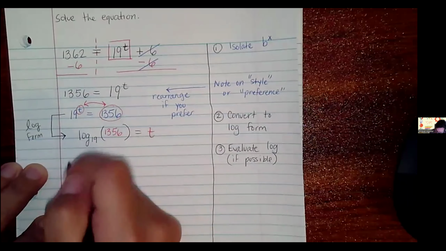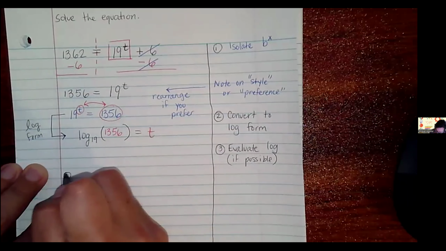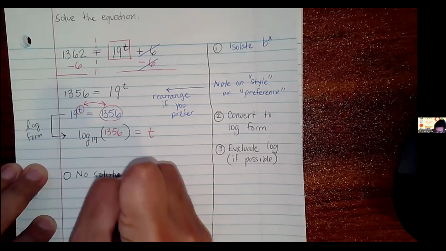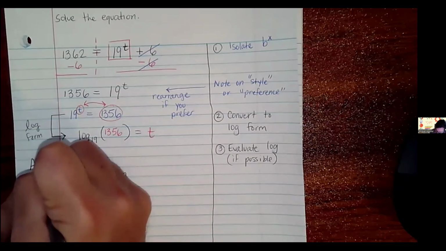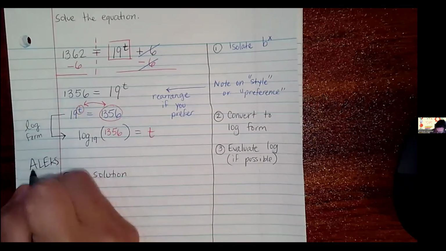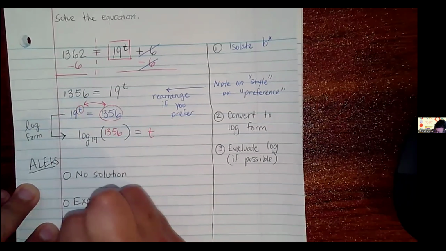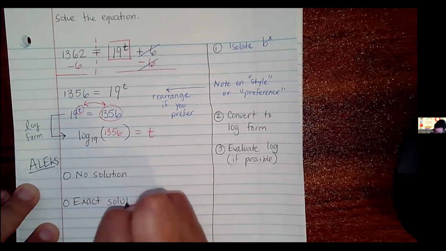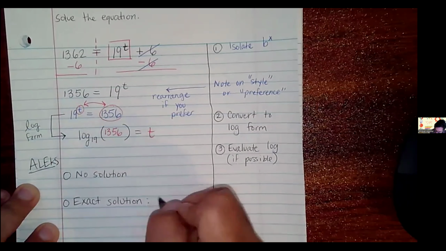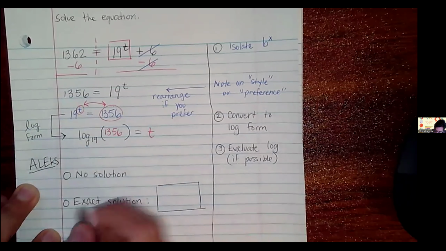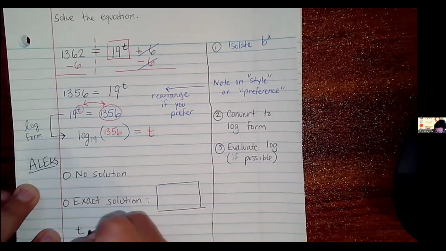The way Alex is going to want this is it's going to say, here's a bubble that says there's no solution, or the exact solution is blank, and then it'll have t is approximately equal to blank.